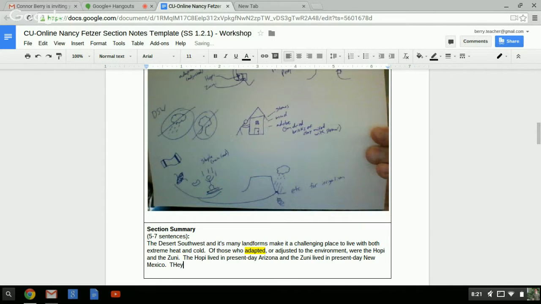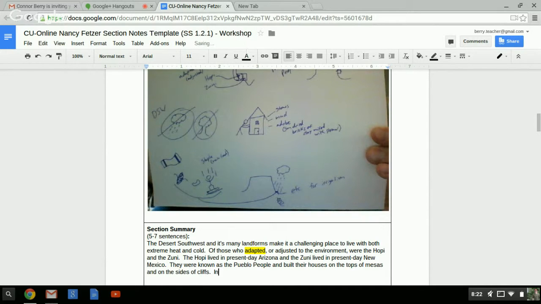They were known as the Pueblo people and built their houses on the tops of mesas and on the sides of cliffs.